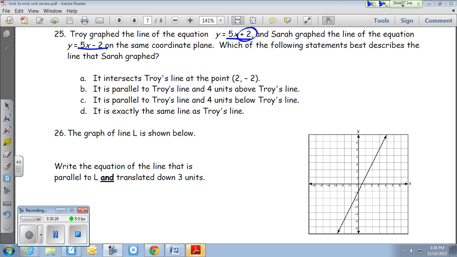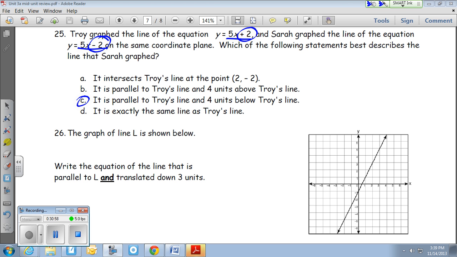And so it looks like Sarah's is going to be 4 units below Troy's, but it's going to be parallel. So the answer is C, because the slope is the same. I know if the slope is the same that it's going to be parallel lines, but she's at minus 2 on the graph, he's at plus 2 on the y-axis, so they're just 4 units apart. Troy is up at plus 2, Sarah's at minus 2, so Sarah's is 4 units below Troy's.